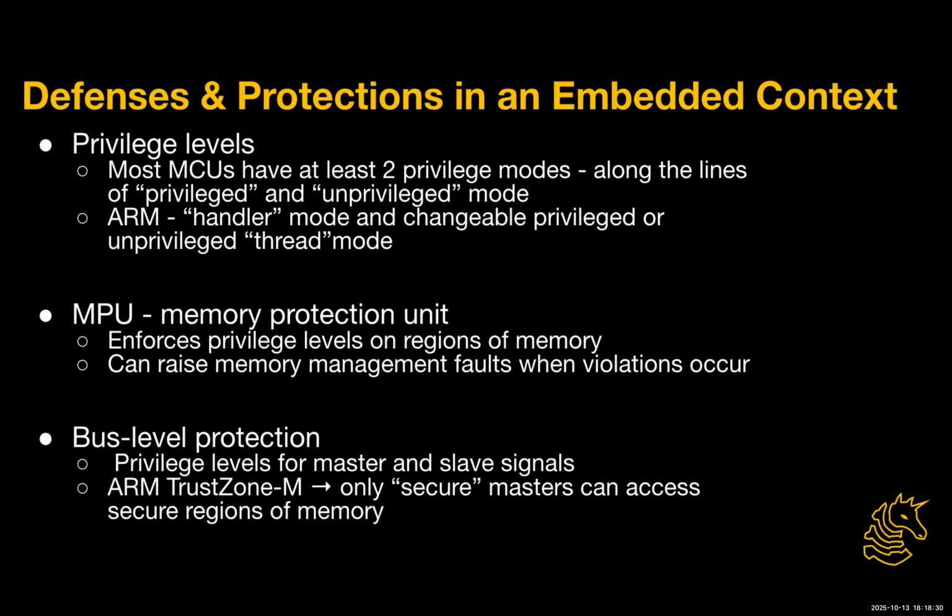Based on whether a master is secure or insecure, we can decide which regions of memory it can access, and only allow it to read or write to specific regions based on its privilege level. So we can assign privilege levels to masters and slaves as well. One example of this is ARM TrustZone-M. If you ever want to look into that, it's one of the main examples.